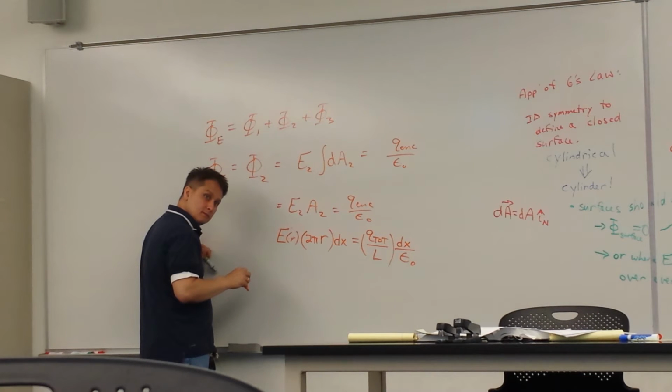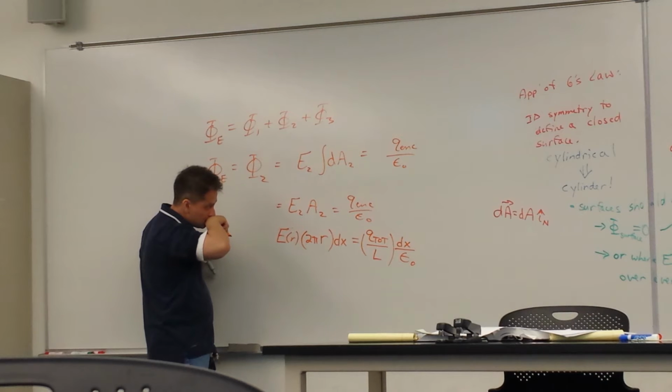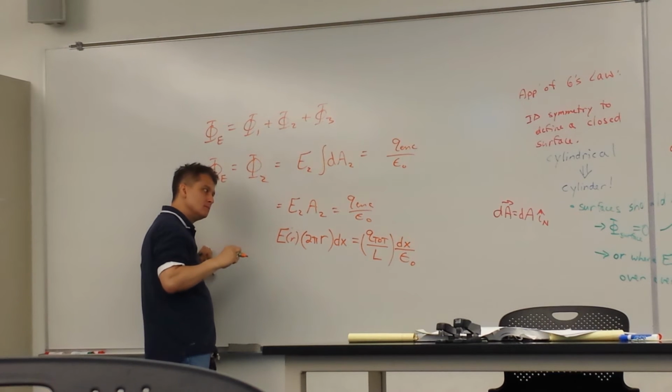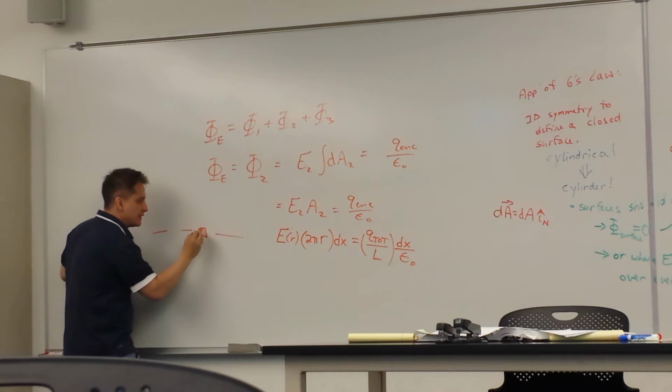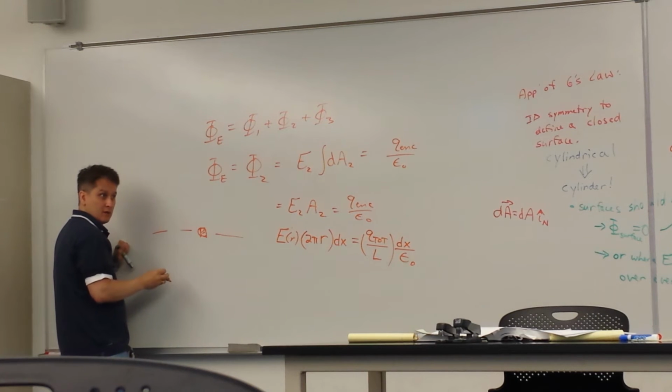I understand that Q enclosed is Q total times the ratio of dx over L. Yeah, I get it. Of the whole line, there's only this little segment, which is delta x.